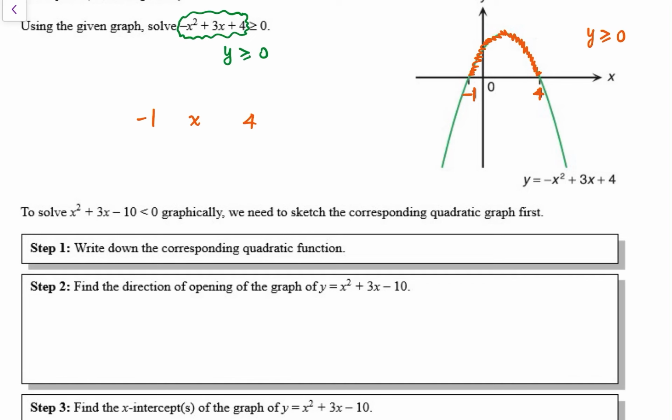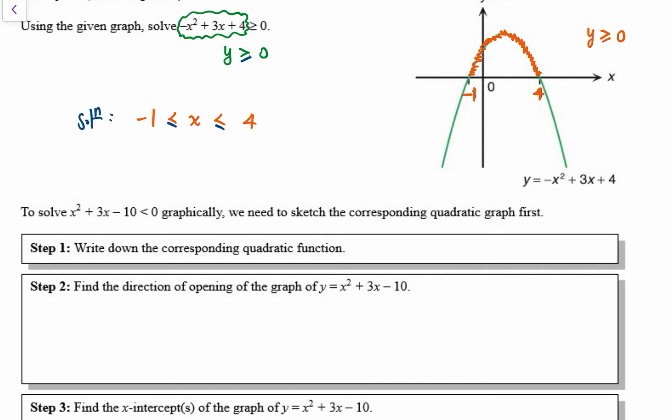So x would be greater than or equal to negative 1 and less than or equal to 4, because we follow the same inequality sign. So that will give us the solution.